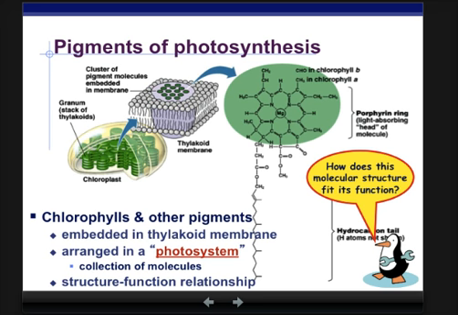So if you remember, thinking about other things that have tails, this is a hydrophobic tail, so it anchors each chlorophyll molecule into position there. In each photosystem, we have a lot of chlorophyll molecules, probably hundreds, I would guess.